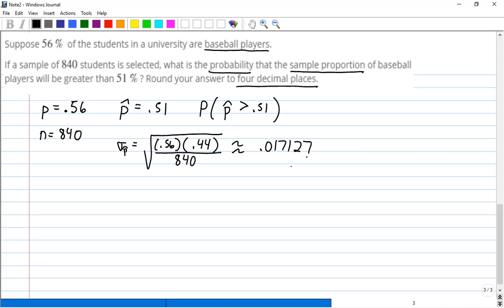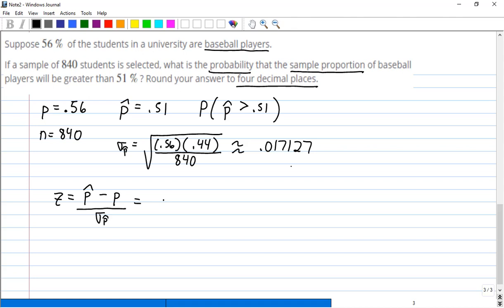Alright, so whenever I use my z-score formula, I'm going to plug that in. So now let's use our z-score formula and find our z-score. Z equals, remember, it's always going to be the sample value, so p hat, minus the population value, divided by that standard deviation, or sigma sub p hat.